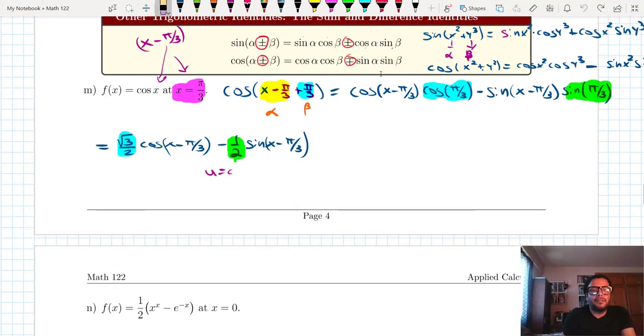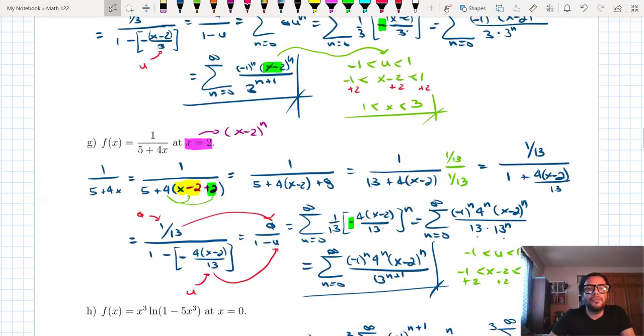X minus pi over 3. Okay, so I'm going to write the square root of 3 over 2 sigma, the series for cosine.